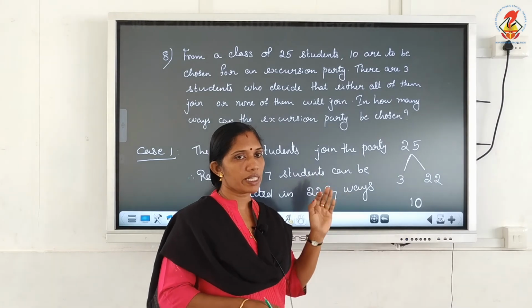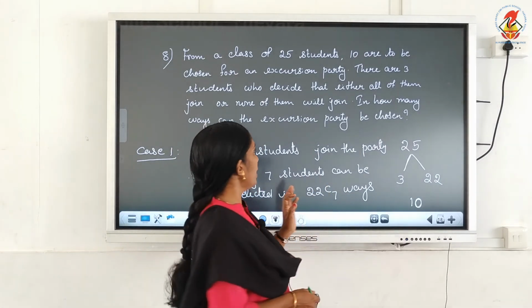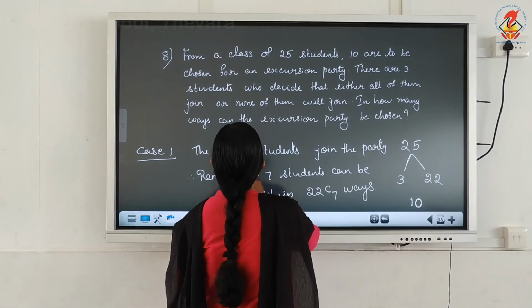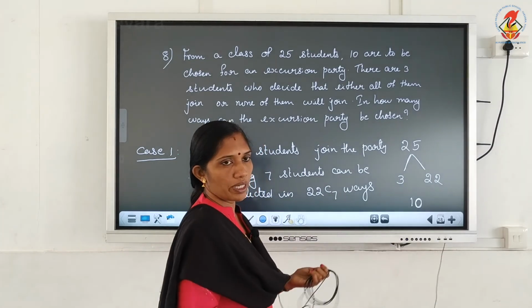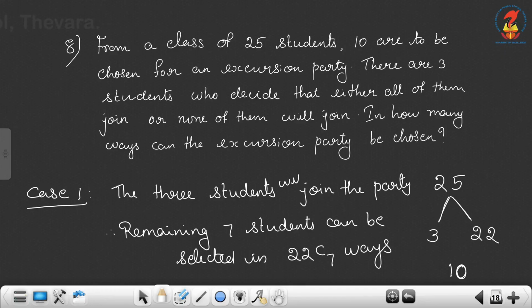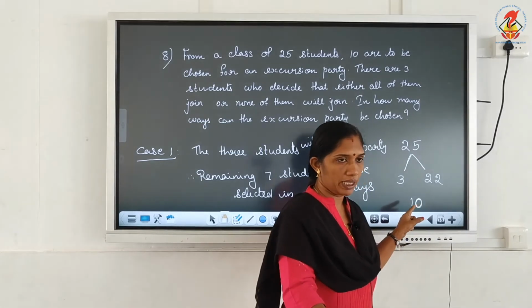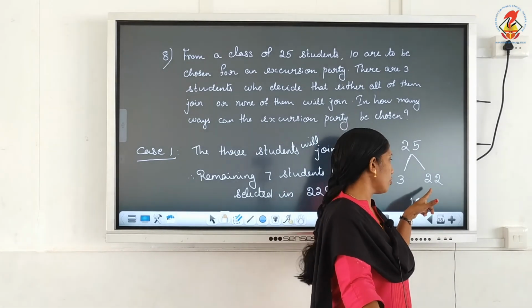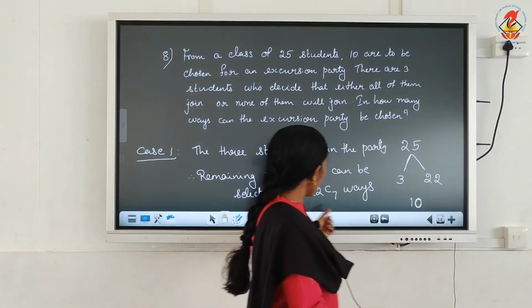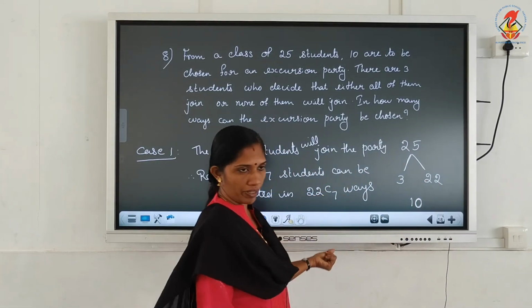So we take the first case as all the 3 students join the party. Then we need only 10 for the party. So the remaining 7 students we have to select from 22. That selection is 22C7 ways.